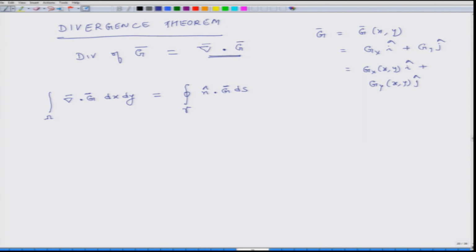Okay. So, we have defined what these entities are: the normal vector, the unit vector in the normal direction to the boundary, what is ds, and all that stuff. So, we will not do that again.